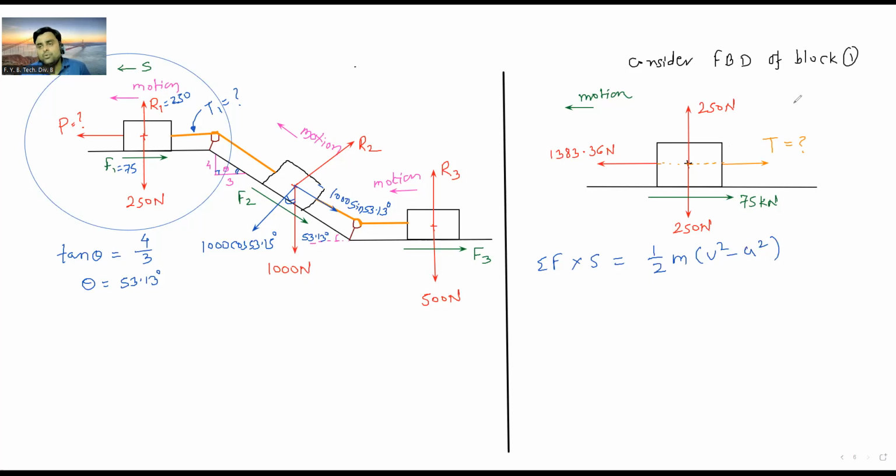Now we are considering FBD of block 1 only, the first block. So summation F. Now this is the direction of motion, so same is the direction of displacement. So this force is positive, 1383.36 is the positive force. Minus tension in the string T, which is in the opposite direction.